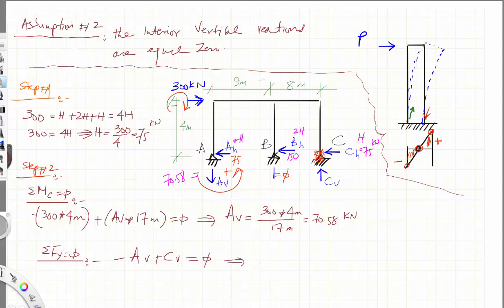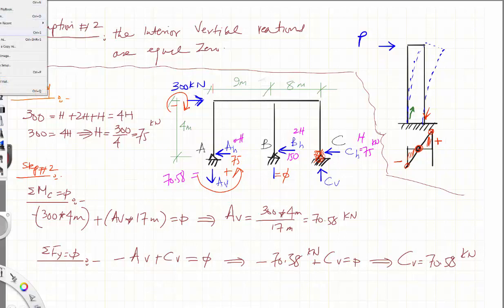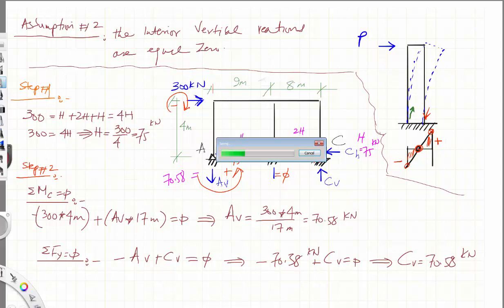So from this I get minus AV, which is 70.58 kilonewton, plus CV is equal to 0. That makes CV equal to 70.58 kilonewton. So this is how I solve this problem with 2 bays using these 2 assumptions.